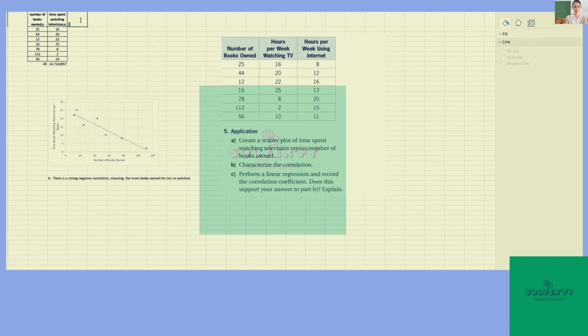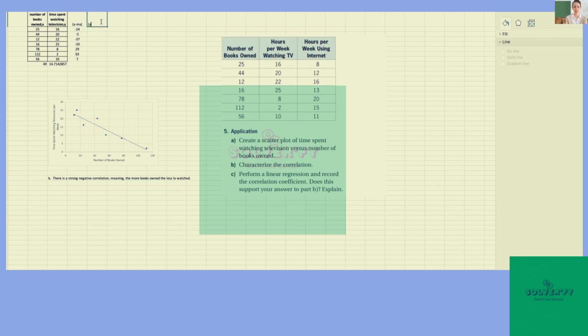Then you have to calculate X minus the mean of X. So I'm going to subtract 49, and I'm going to do that for each one of my X values.